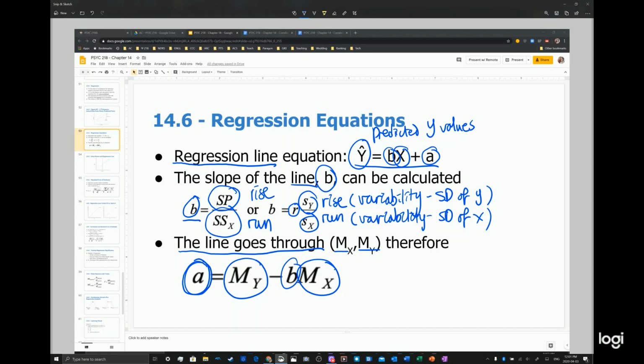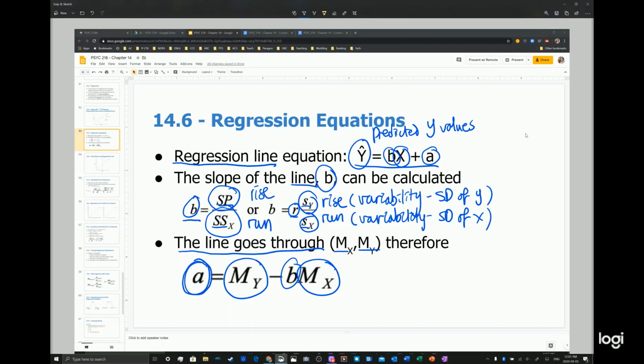It's based on the idea of either your sum of products divided by your sum of squares x, or if we have correlation coefficients to work with, then we can use R, the correlation coefficient, along with your standard deviation for y, your rise, over your standard deviation for x, your run. And finally, for the y-intercept of the regression line, we need means to do so. So the formula itself is derived from the linear equation.